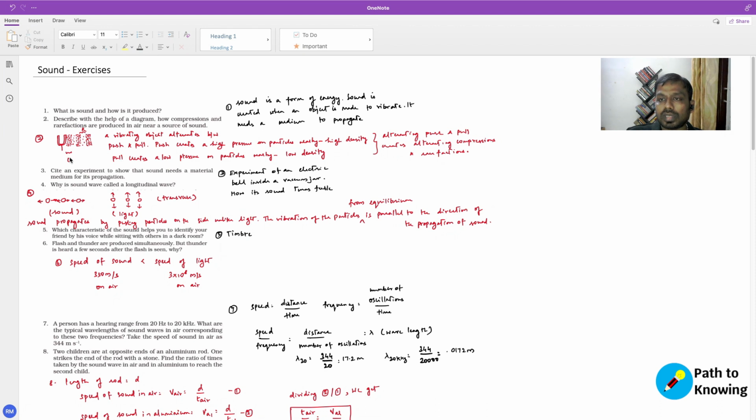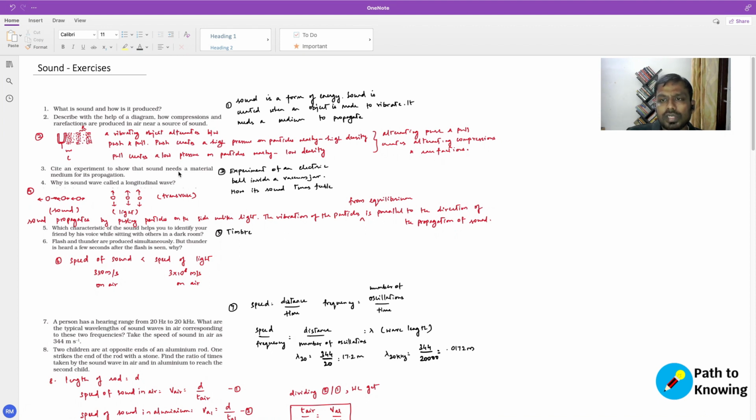This part is what is called compression, where the air is all compressed, and the low pressure area is what is called rarefaction. That is how a sound wave is formed, by alternating compressions and rarefactions, caused by the alternating push and pull of the vibrating object.